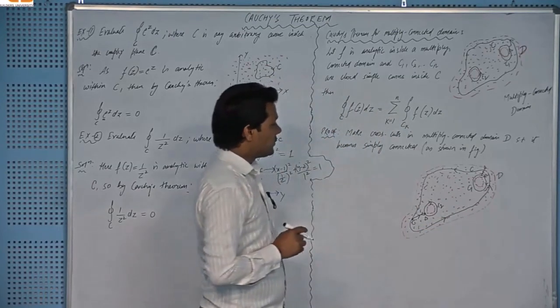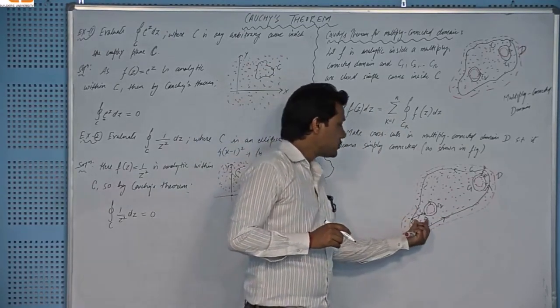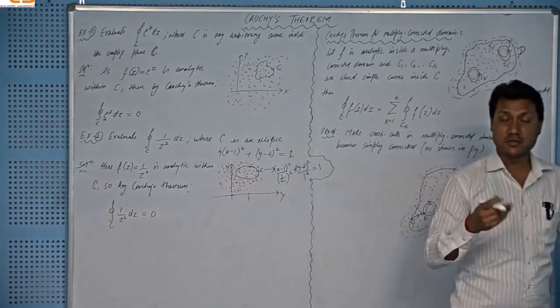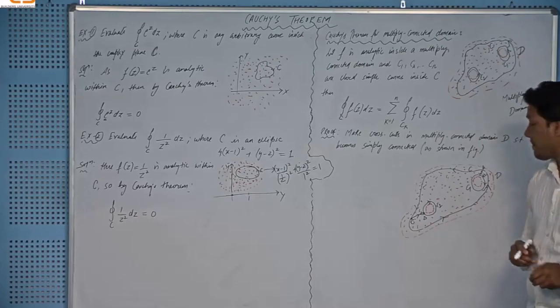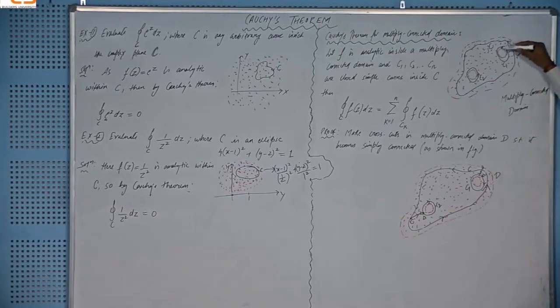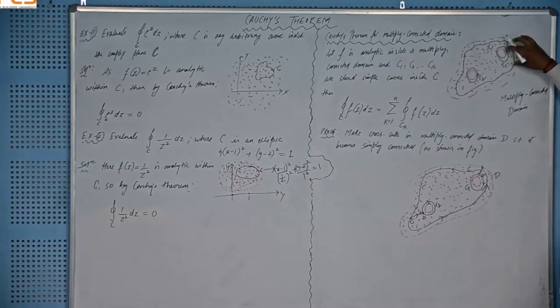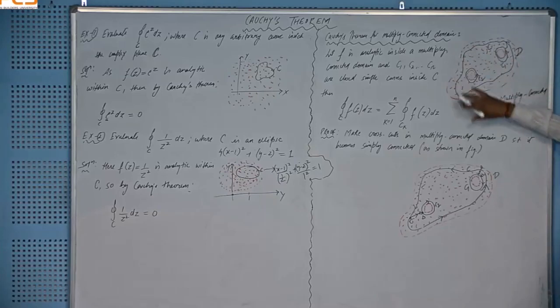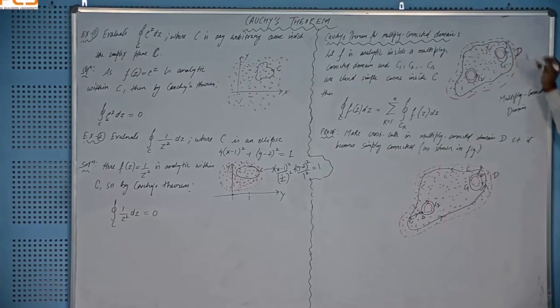So you can see that by introducing these two cross cuts CD and AB, this multiply connected region becomes simply connected. Why? Because originally, you can see this C1 curve, you can shrink this C1 to a single point, but that will leave the domain D, because this is a white gap here.